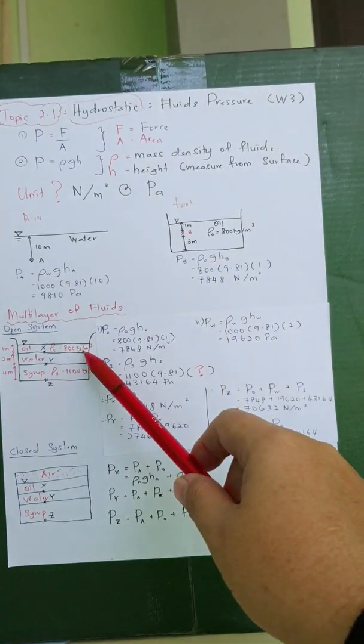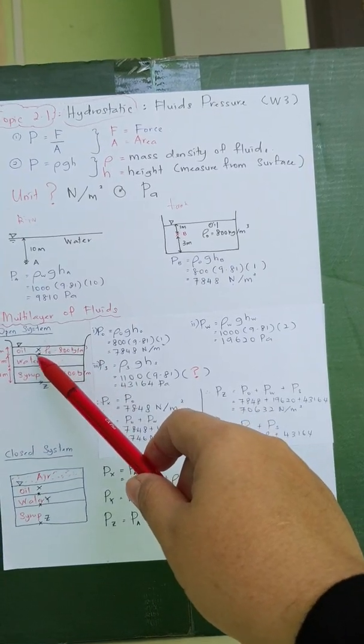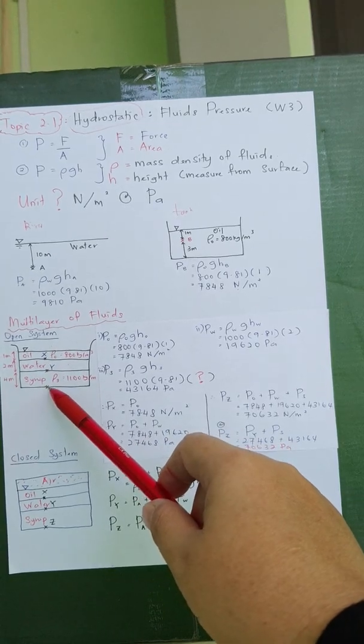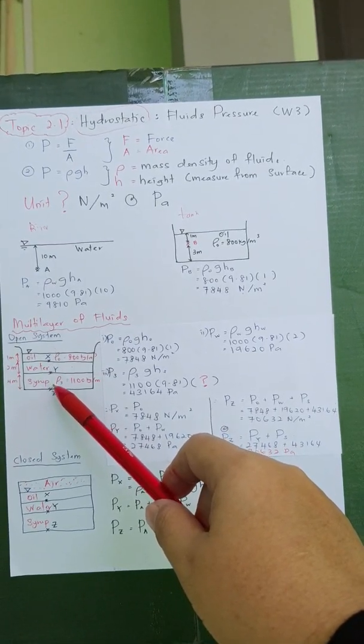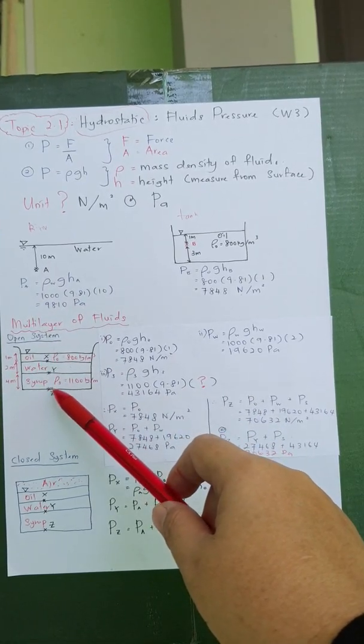If we want to calculate pressure now, I put point X here, Y here, and Z here. So how to calculate the pressure at X, at Y, and at Z.